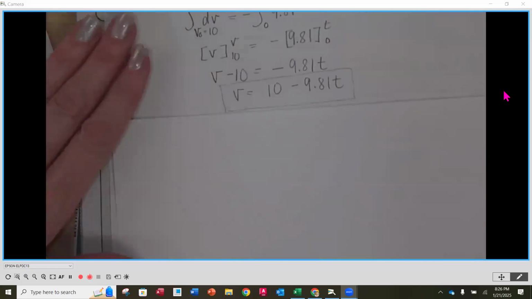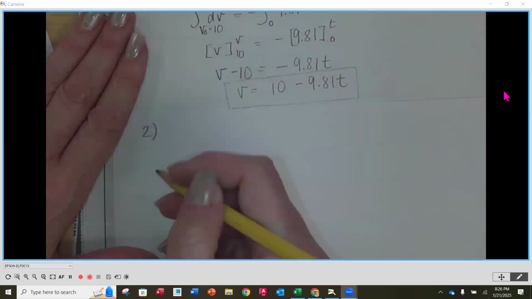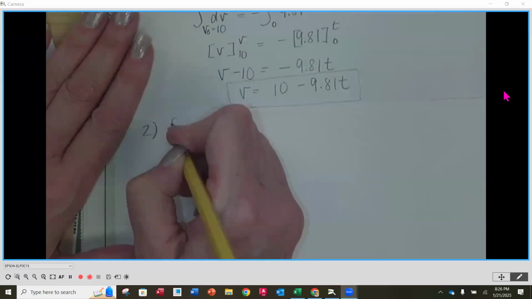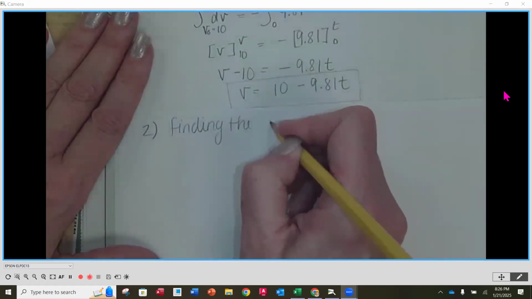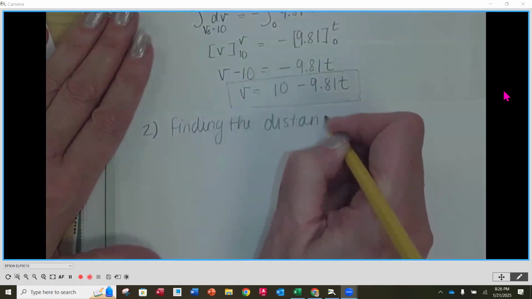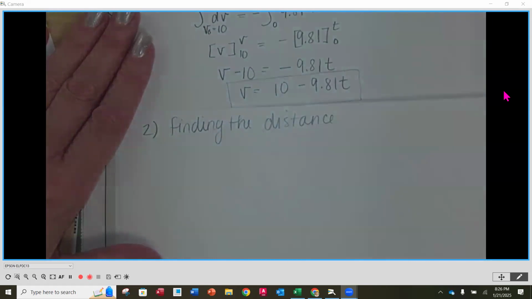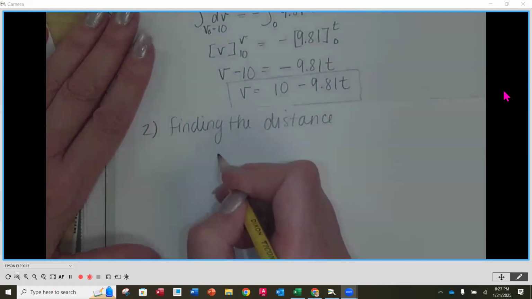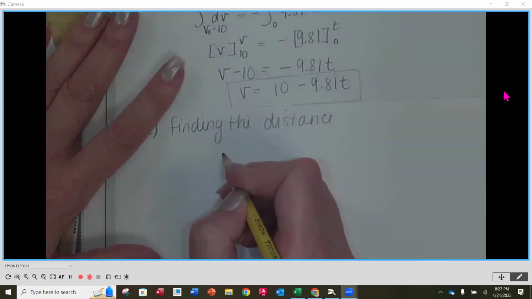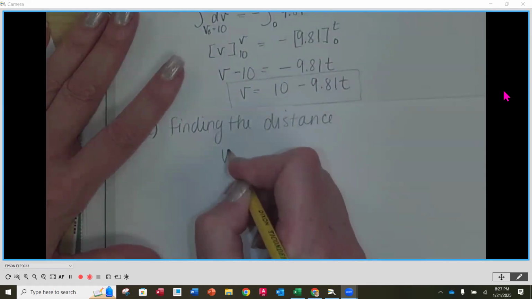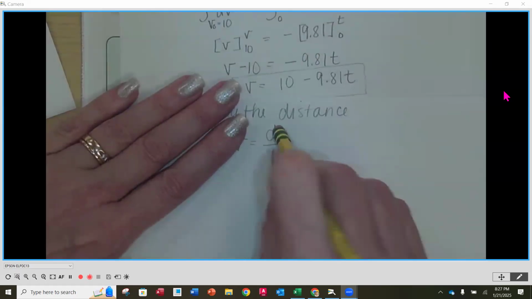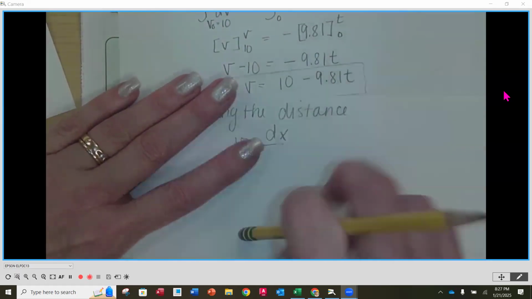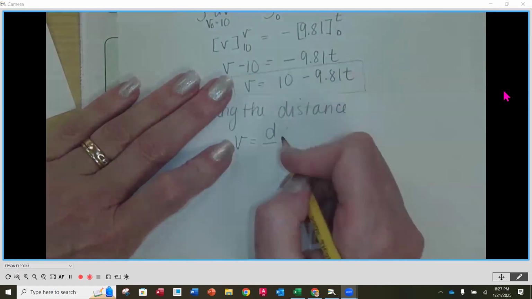So using that equation, my step number 2 is now going to be finding the distance or position. I kind of use those interchangeably. Okay. So I know that velocity is equal to dy over dt, because we're vertical now, not x.